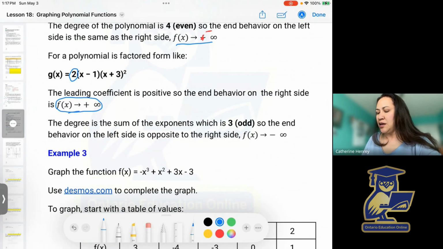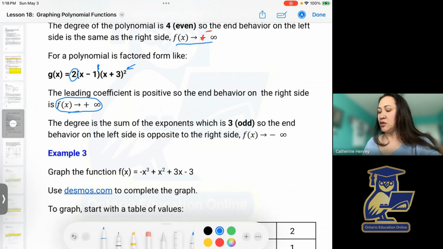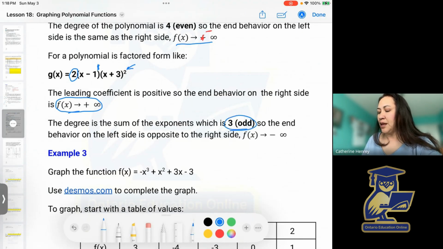The degree is the sum of the exponents, which in this case is actually 3, because this first bracket has an exponent of 1, and then the second bracket has an exponent of 2, and so we have to combine those two exponents. So it's actually 3, and it's odd. So the end behavior on the left side has to be opposite what it is on the right side.